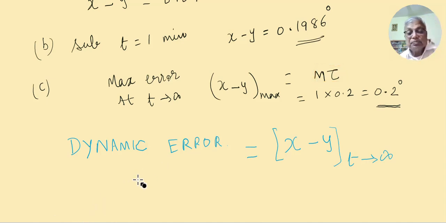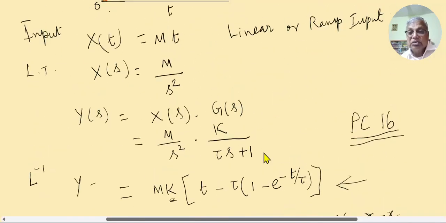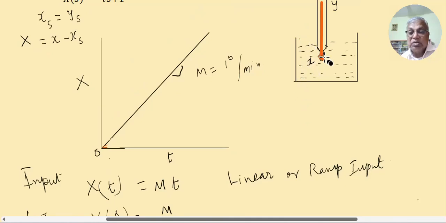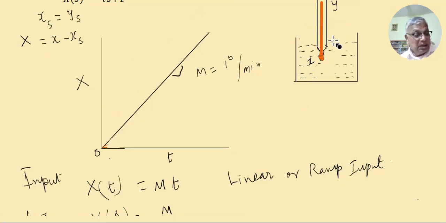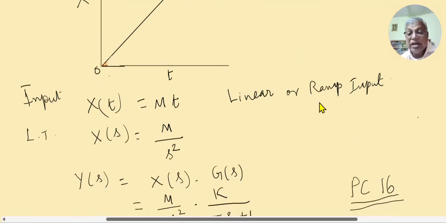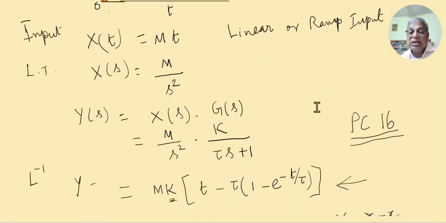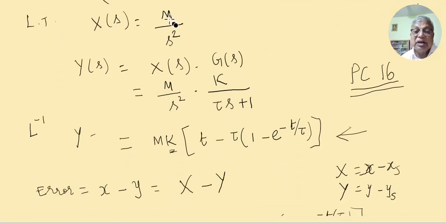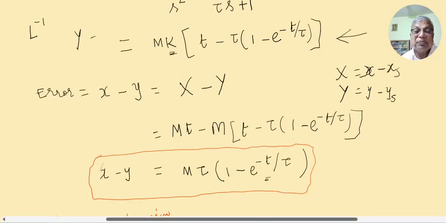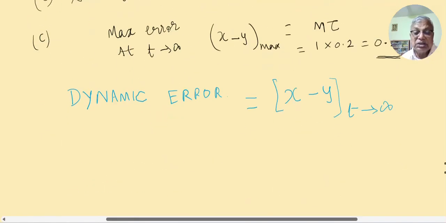It is the difference between the true value of the measured variable, which is x, and the value indicated by the measuring instrument, which is y, under varying conditions. Under varying conditions, that is important. That is known as dynamic error.